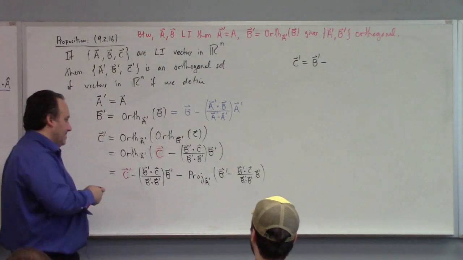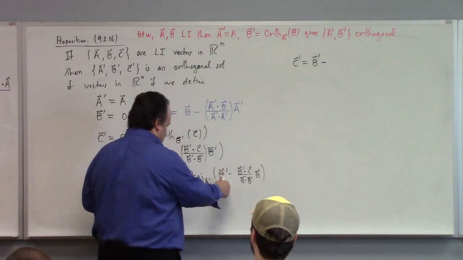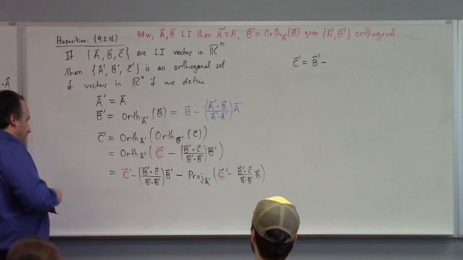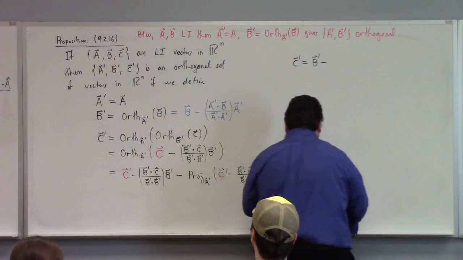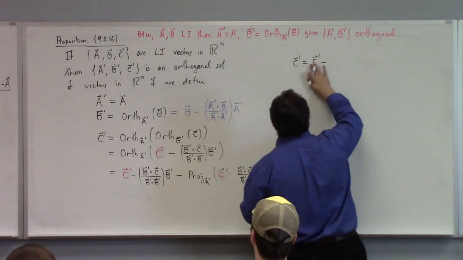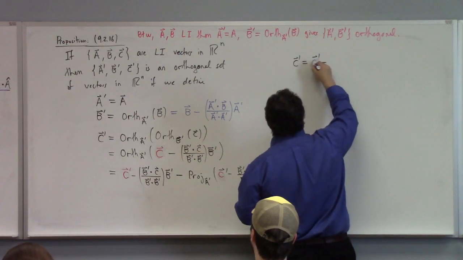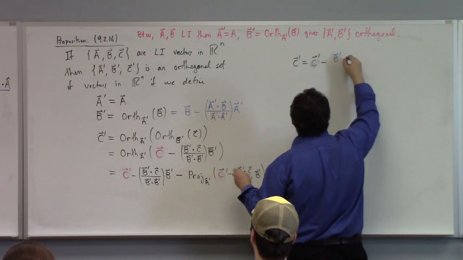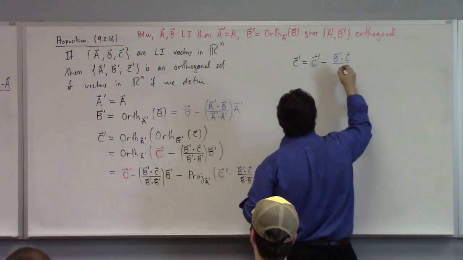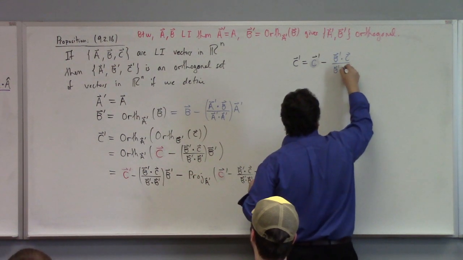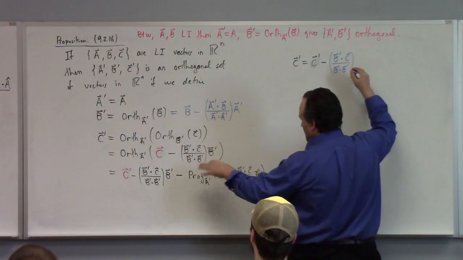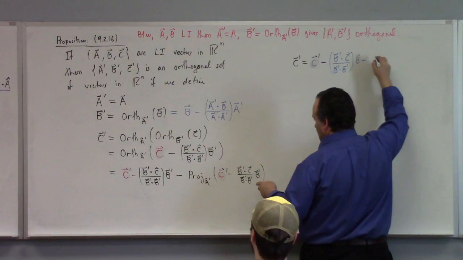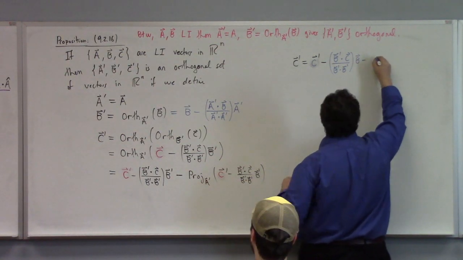All right. And of course this is also C prime. All right. So putting it all together, we have C prime minus B prime dot C over B prime dot B prime, B prime, and then this projection piece. So minus, how's this go?